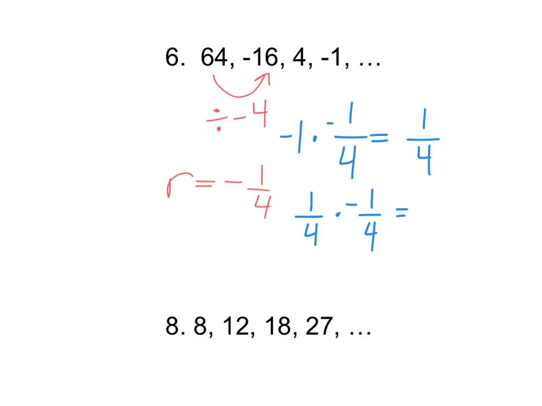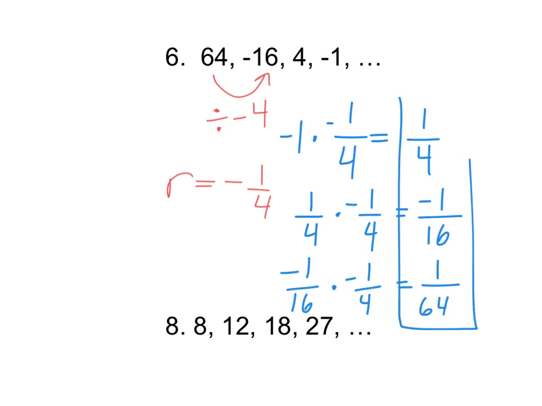Multiply straight across. Would be negative 1, and then 4 times 4 is 16. Okay, and then the last one, negative 1/16 times negative 1/4 would give me positive 1/64, 16 times 4. So here are your 3 next terms: 1/4, negative 1/16, positive 1/64.